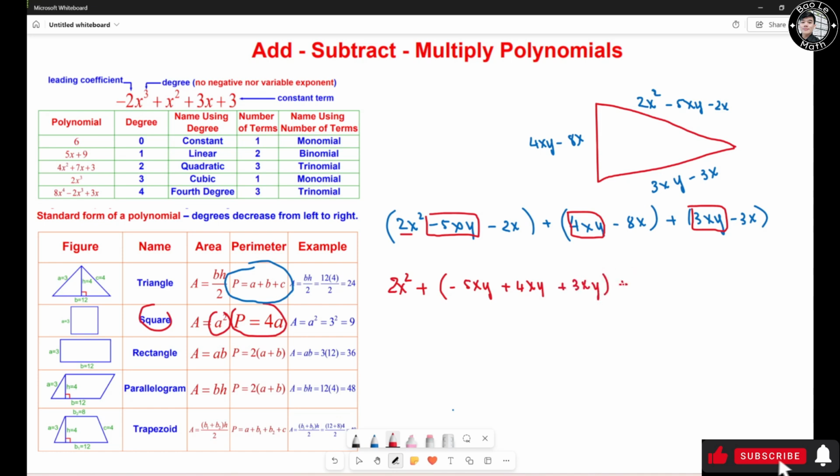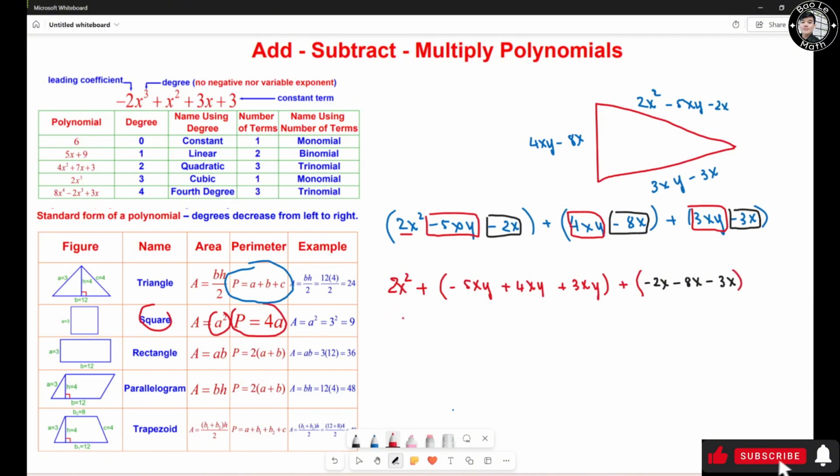And then add parentheses. Now the last one, we have negative 2s right here, negative 8s right here, and negative 3s right here. They are like terms, right? So I put negative 2s minus 8s minus 3s, right?